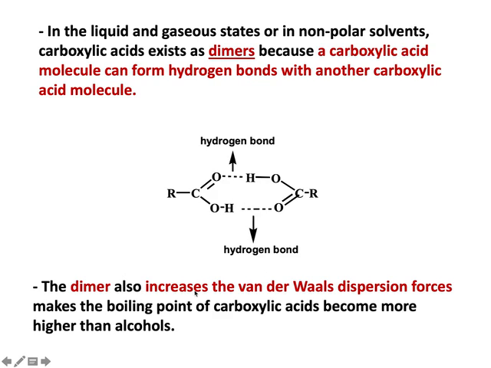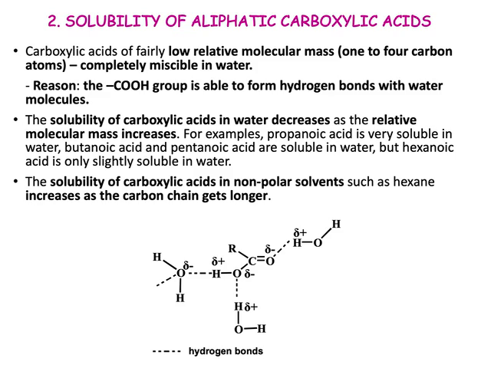Dimers also increase the van der Waals dispersion forces, meaning the van der Waals attraction between these structures is very strong, because carboxylic acid can form dimers through hydrogen bonding. So it becomes slightly stronger compared to the alcohol compound.